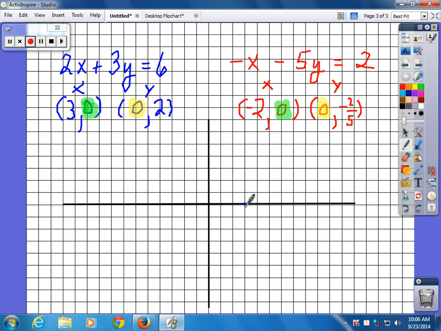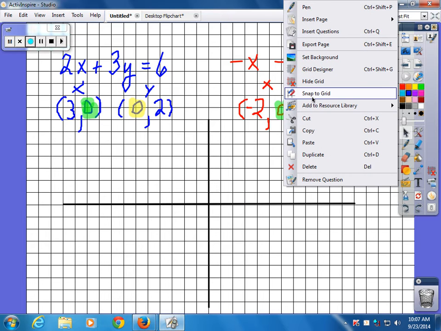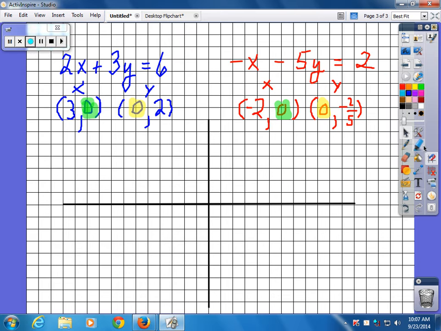And see, you got to be right on it. In fact, I'm going to hit snap the grid. And there's that one. And the next one is 0, 2.